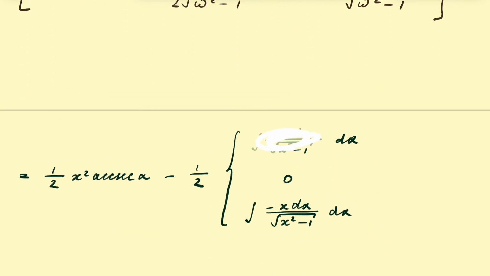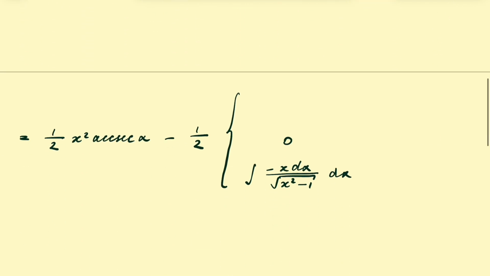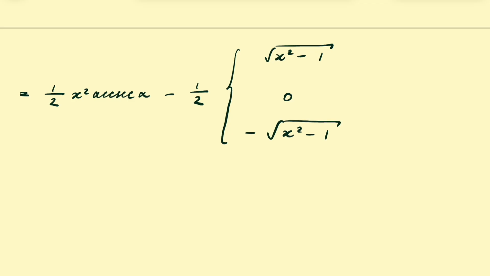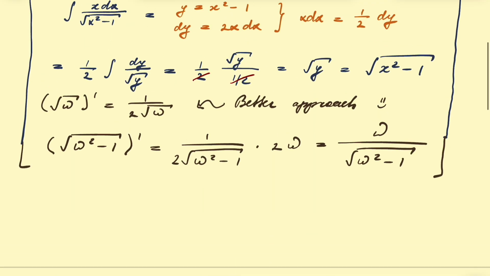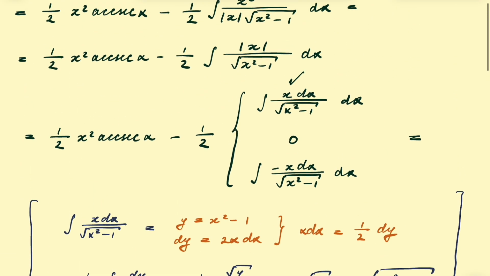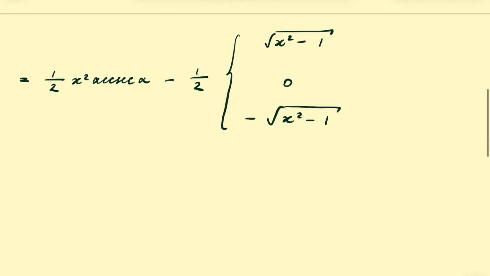For this integral, we have square root of x squared minus 1. For this one, we have minus square root of x squared minus 1. And for 0, it's 0. I didn't mention this, but if you put 0 here, the integral will turn into 0. So, in fact, we won't have anything here.